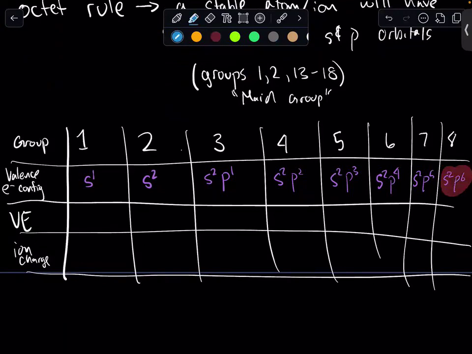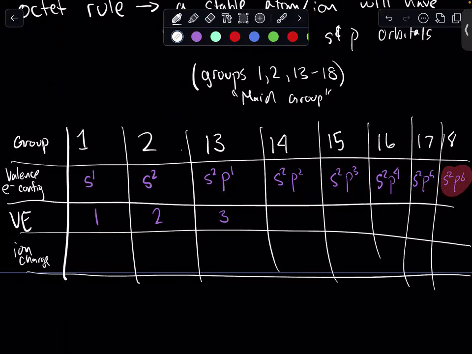Well, let's first look at our valence electrons, which is just the sum of electrons in the valence shell. In group 1, it's 1, 2, it's 2, 3, it's 3. Ooh, I've made a mistake. I don't specifically mean group 1, 2, 3, 4, 5, 6, 7, 8.